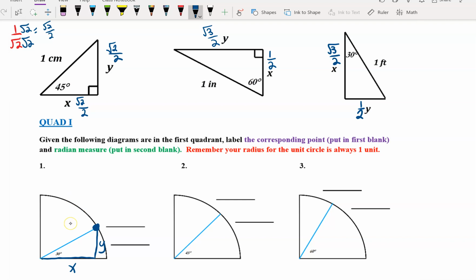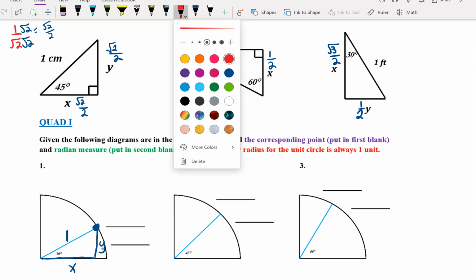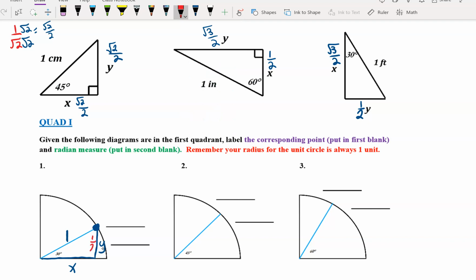If this is 1, because the radius on a unit circle is always 1, and we have a 30-degree angle here, we're going to go from the long side, which is 1, to the short side first. To get from long side to short side on a 30, 60, 90, we divide by 2. So the y is going to be 1/2. And to get from short side to medium side, we multiply by root 3.